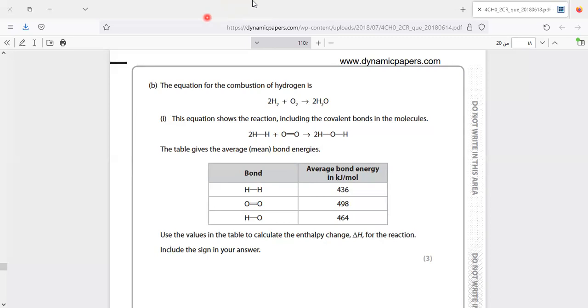Yes, Mohamed, I need to see steps. You have 3 marks. 3 marks means you must write steps.